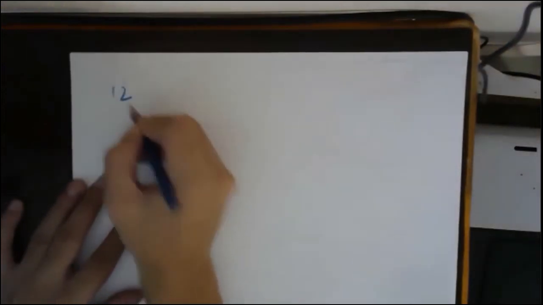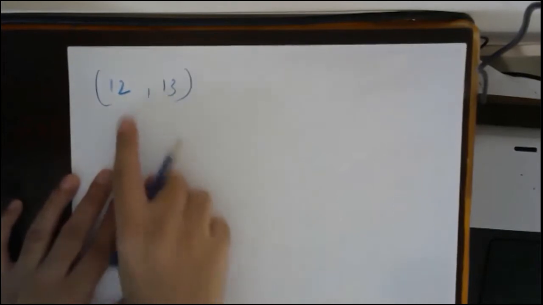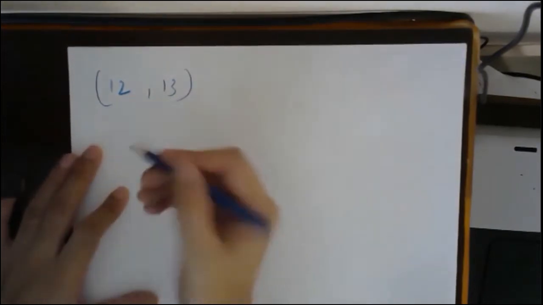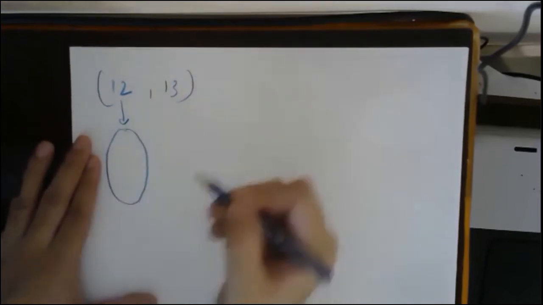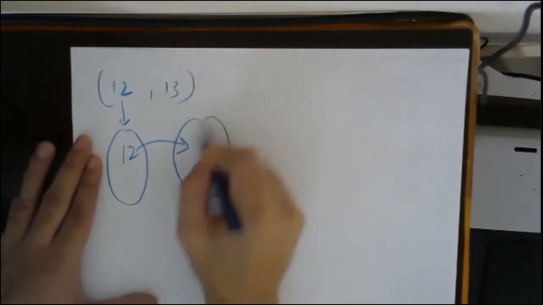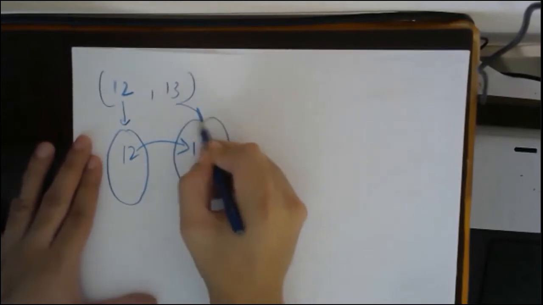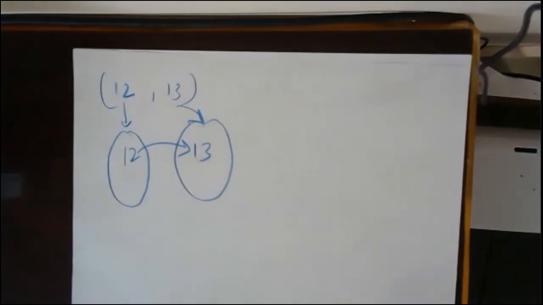Let's take one more example. Suppose you are writing 12 comma 13. What I'm saying in relation is that this 12 is from the first set, and this 12 was linked somehow with 13 of the second set. Understood?